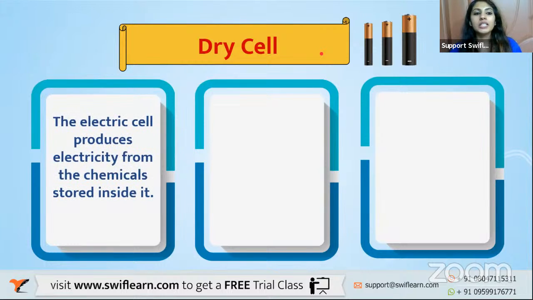So now, how does the dry cell exactly conduct electricity, or what is exactly happening inside? How does this dry cell work when it is connected to a remote? What exactly is happening in this small dry cell? Let's get into that. This electric cell produces electricity from the chemicals that are stored.